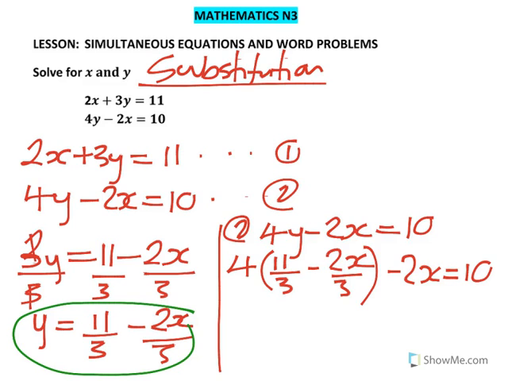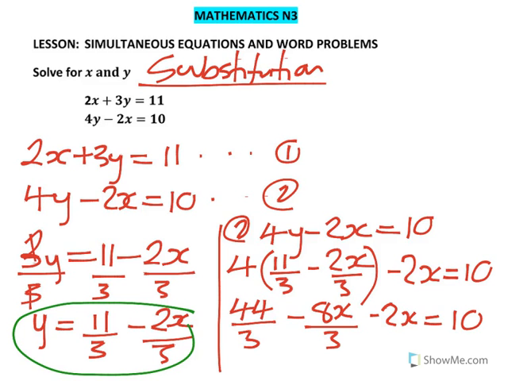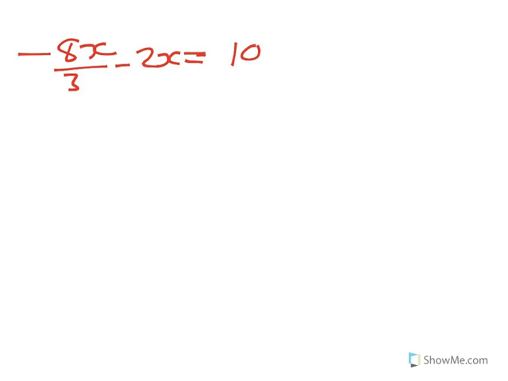Now you open that bracket, you'll have 44 over 3 minus 4 times 2, it's 8x over 3, minus 2x is equal to 10. Now you remain with x, take the numbers to the other side, you'll have minus 8x over 3 minus 2x is equal to, if you go back one, 10 minus 44 over 3.